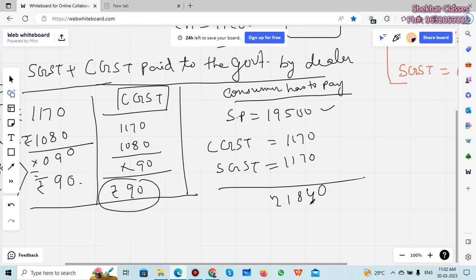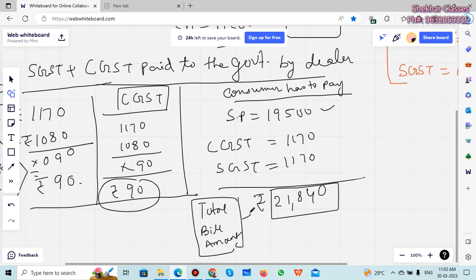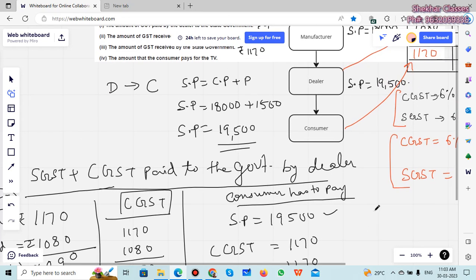Okay. So he has to pay 21,840 rupees. So how much does he have to pay? This is the amount that he has to pay. The total amount, the consumer bill, I will say, bill amount. So the total bill amount is this much, and this is the answer for the last question, 21840.